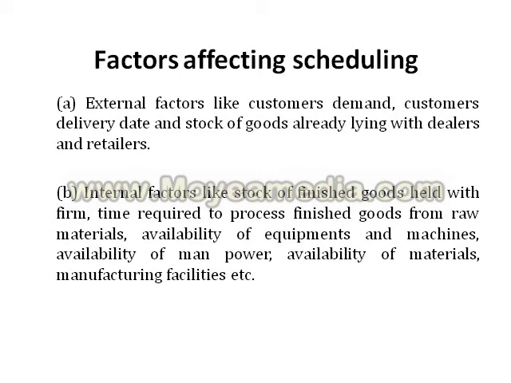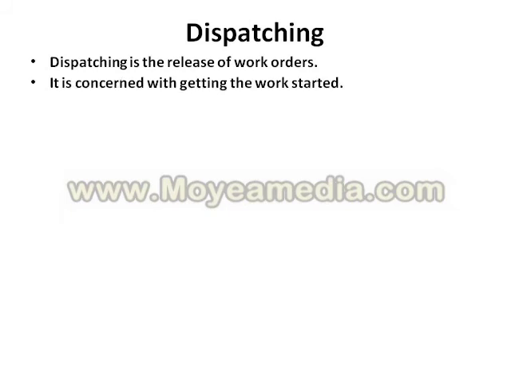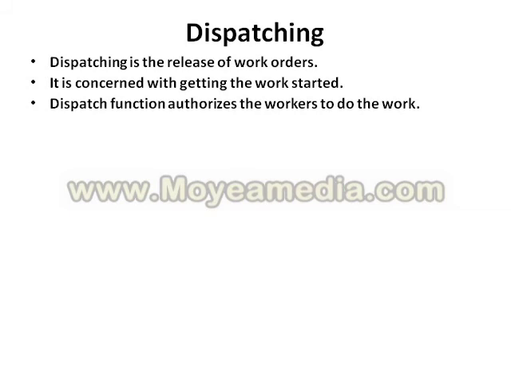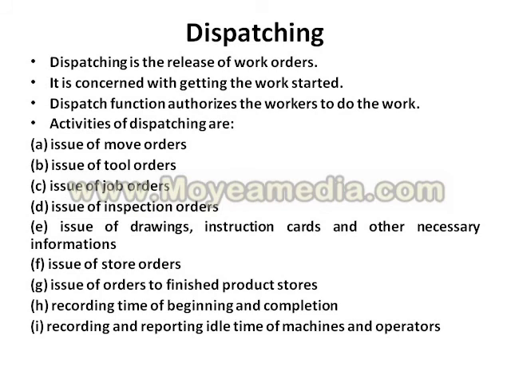Definitely, emergencies like this will affect the dispatching area. It's not the dispatching where we dispatch your finished goods to the customers. Dispatching is actually the release of work orders and the activities. Please keep in mind it starts with the issue of move orders, tool orders, job orders, etc.